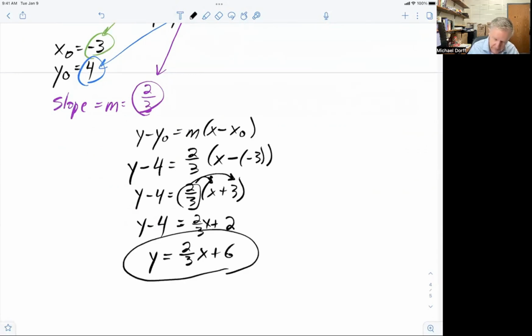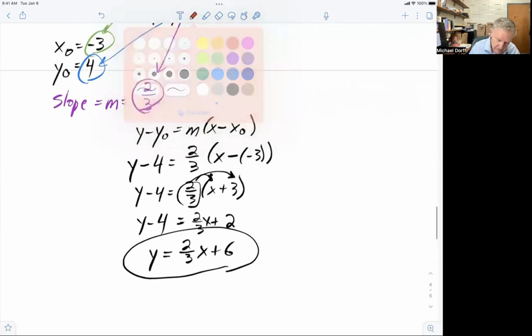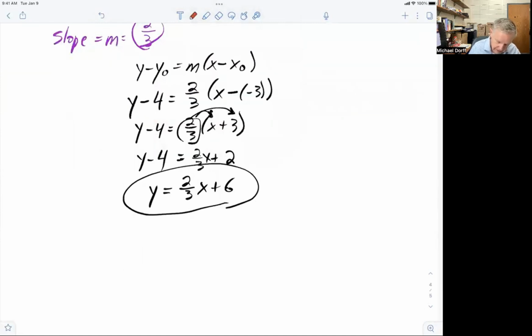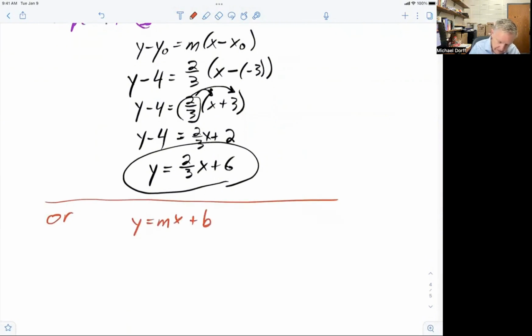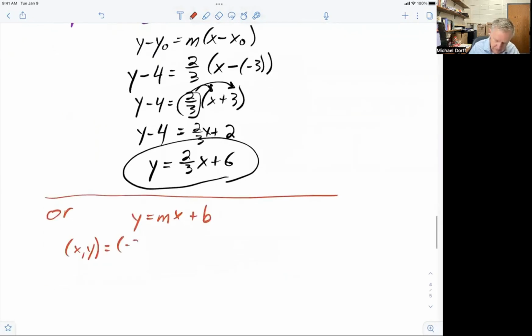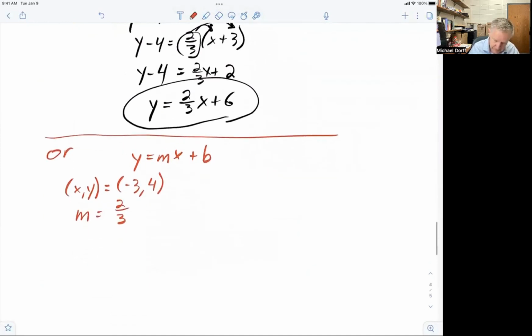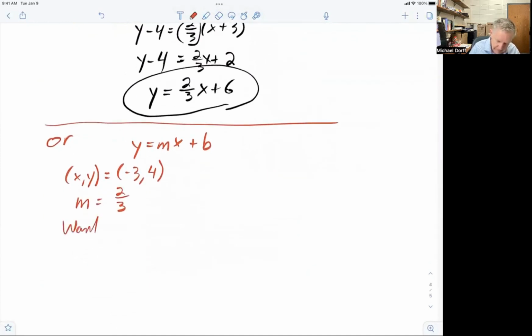And that's my equation. Some of you probably learned a different way to do this, and you could write it in the following way. You could use the y equals mx plus b formula. We know we have the point x, y, which we were told was negative 3, 4, and we know the slope was 2/3 in this example. You want to find b.